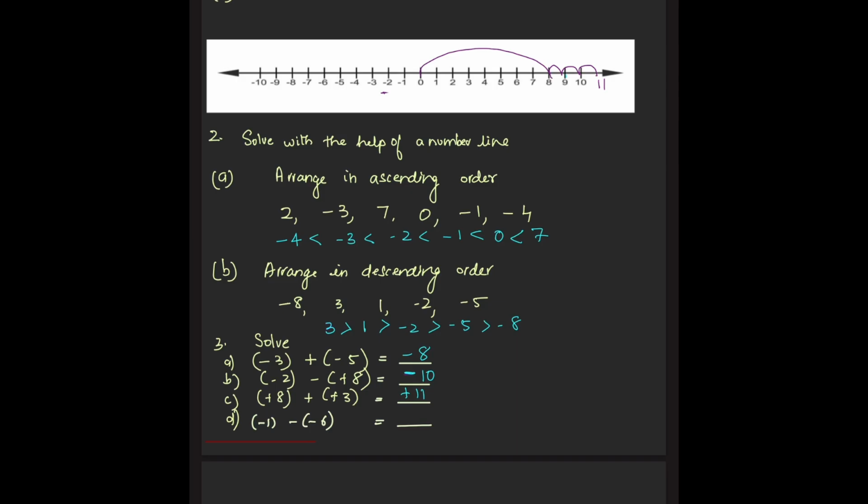The last one, -1, -6, but it is subtraction of integers, guys. In subtraction of integers, what do we do? Plot both the points. -1 is here, -6 is here.